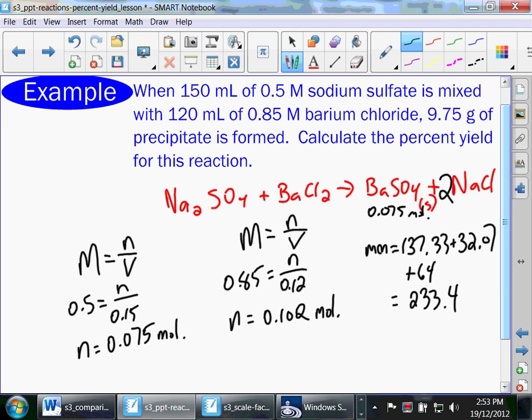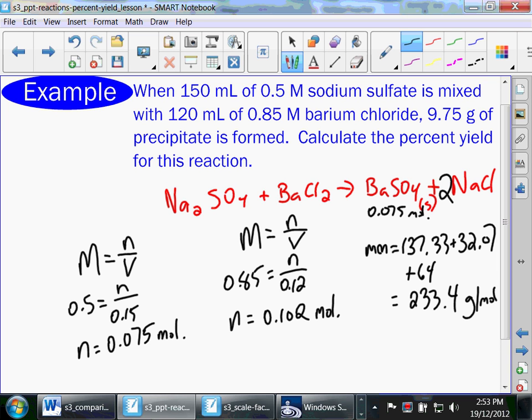Is it 233.4? Is that what it is? I don't know. Yeah, it is. 233.4 grams per mole.